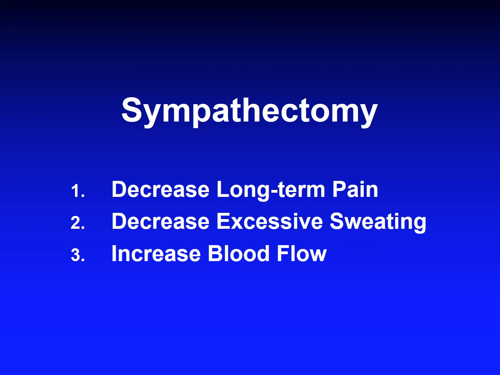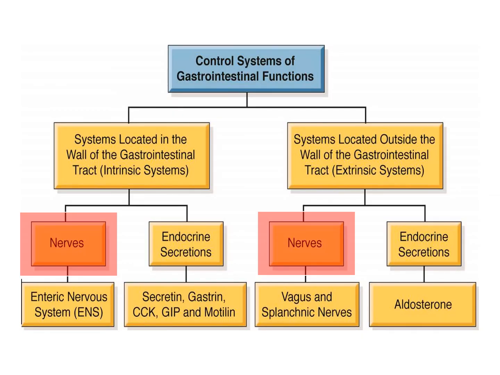Now, I've talked about the extrinsic innervation of the control systems of the gut, which consists of 2 nerves: a vagus nerve and a splanchnic nerve.